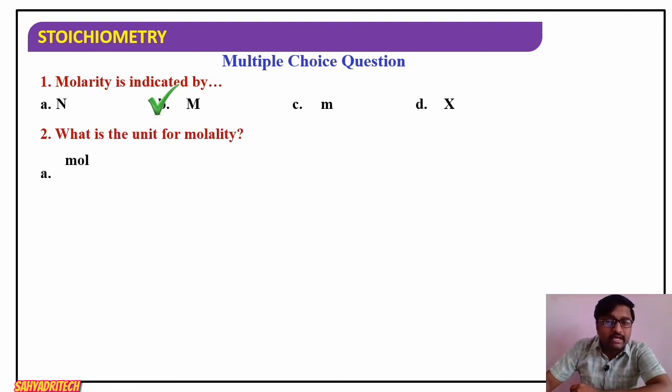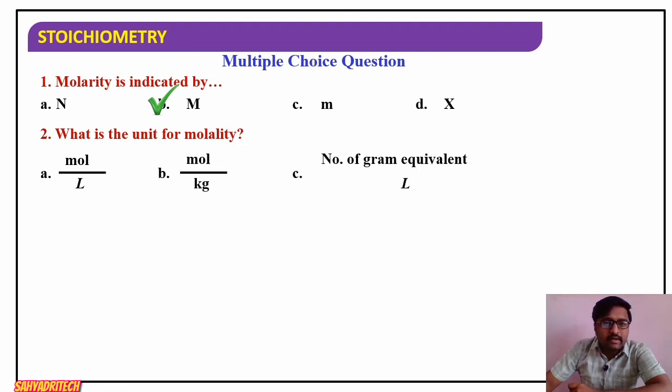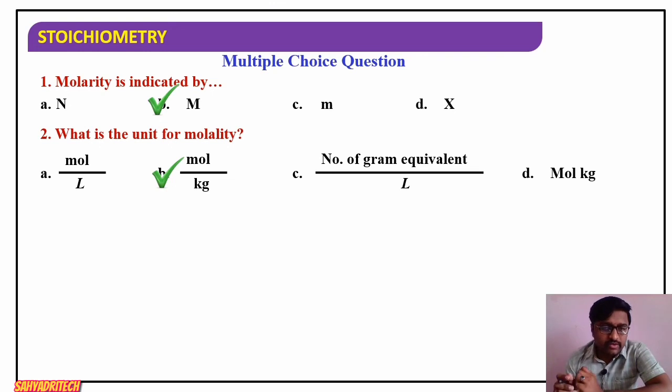Options: mole per liter, mole per kg, number of gram equivalents per liter, and the fourth one, mole kg. How do we define molality? The number of moles of solute present in 1 kg of a solvent. Therefore mole per kg is the unit, so option B is correct.